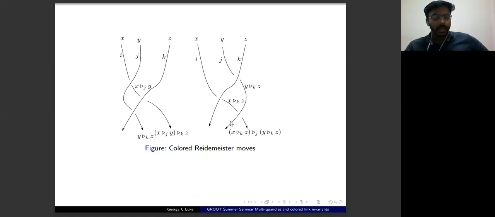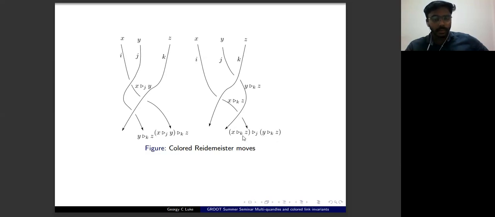This end and this end are actually the same, labeled y del k z. This is also labeled y del k z, and this strand is z, so is here. But this strand is labeled x del j y del k z here, while it's x del k z del j y del k z.